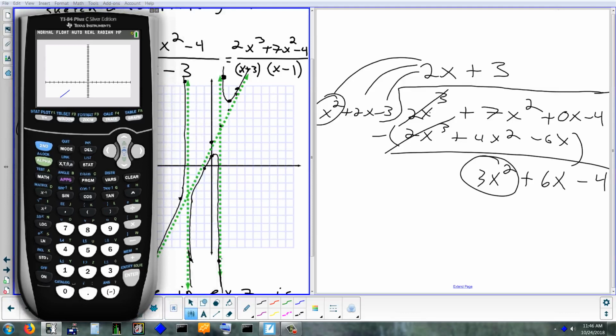Okay, I'm zoomed out a little more. But there's your section on the left. There's your middle section. And there's the section on the right.